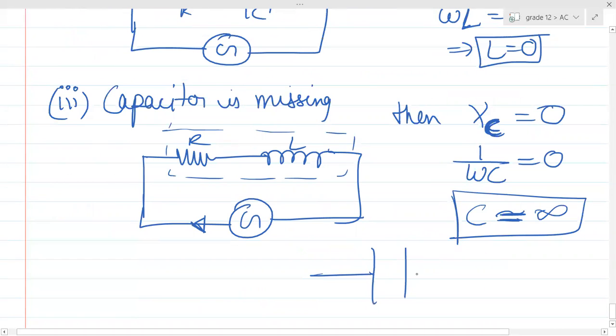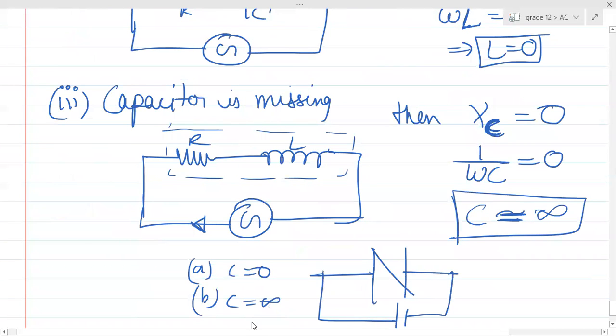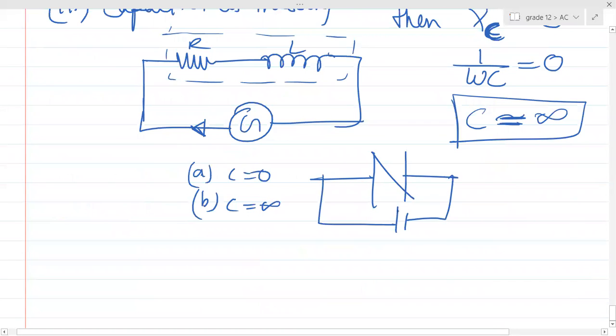You remember this question: suppose there are plates of a capacitor and I connect these plates with a wire, what will be the capacitance of this thing? Will it be 0 or infinite? You remember I made you solve this question in capacitance. So the capacitance is never 0 in this case. It's not 0, it's infinite.